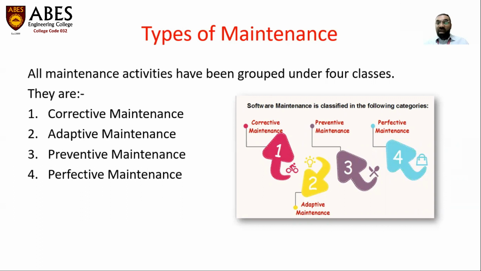Then we have preventive maintenance. We are taking some preventive measures. Third is adaptive. We are changing, adapting. And the fourth is perfective. Do we have a perfect one? Now let us discuss each one in detail.